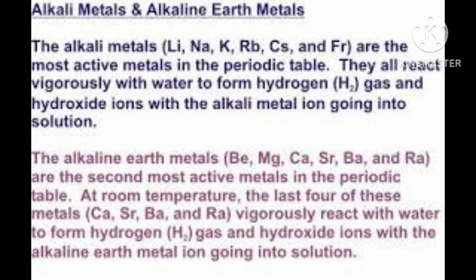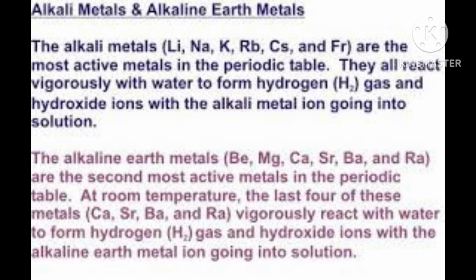The Group 2 elements comprise beryllium, magnesium, calcium, strontium, barium and radium. They follow alkali metals in the periodic table. These are known as alkaline earth metals, except beryllium.